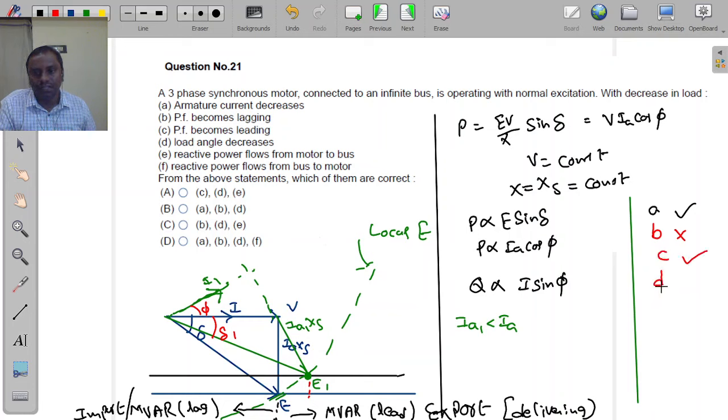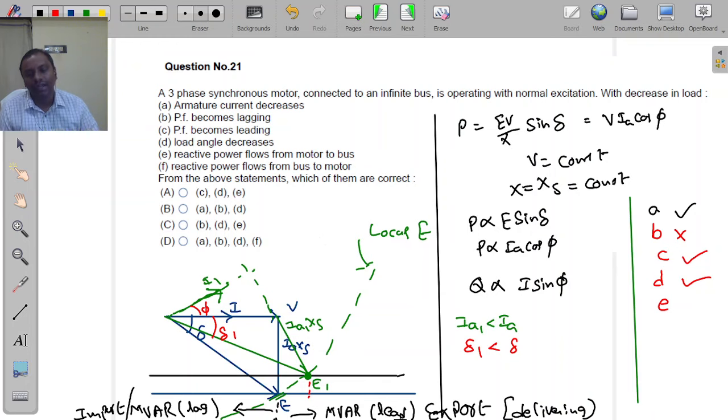What about option D? Load angle decreases, meaning del. Now del 1 is less than del. Load angle is decreasing. So option D is correct. What about option E? Reactive power flows from the motor to the bus.